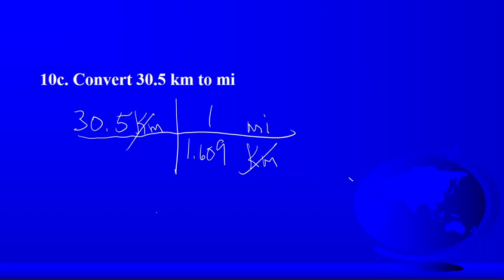All right, 30.5 divided by 1.609. Use your calculator. Chris, go. Waiting, waiting. Is that correct? They'll agree?